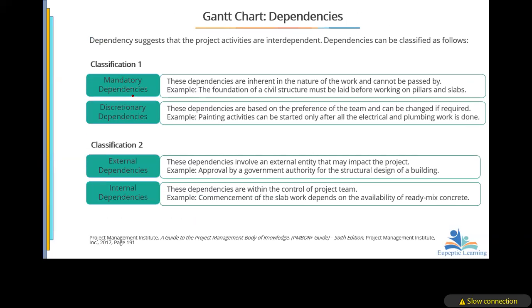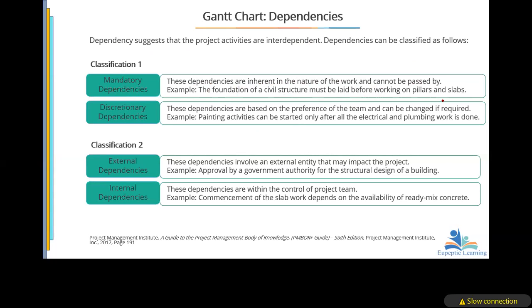We have what we call the mandatory dependency and the discretionary dependency. Now, the dependency suggests that the project activities are interdependent, and we can classify them here. For mandatory dependencies, we are saying that these dependencies are inherent in the nature of the work and cannot be bypassed. For instance, the foundation of a civil structure must be laid before working on the pillars and then the slabs.